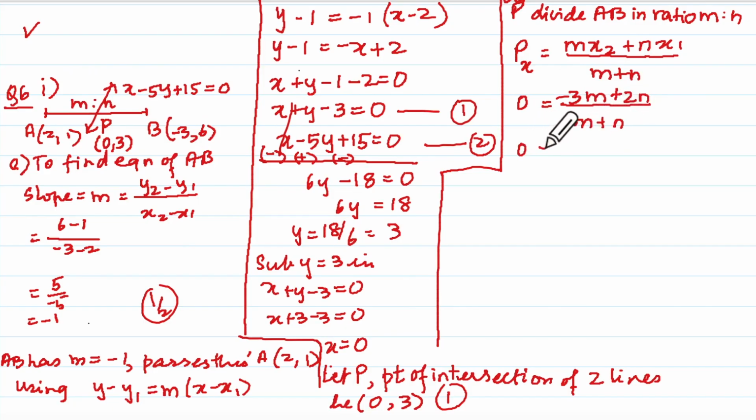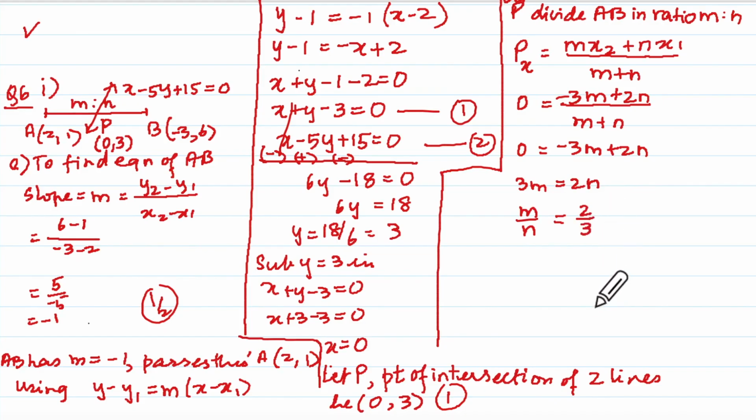So 0 equal to, this multiplies means 0, minus 3m plus 2n. So 3m equal to 2n. Go slow over here because some of you are in a haste and instead of writing properly, you write the reciprocal. See, n comes here and this is 2 upon 3.